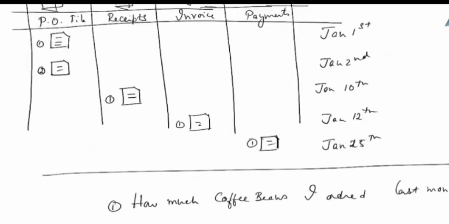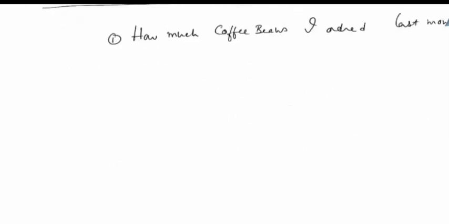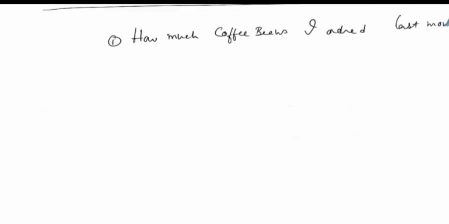All I have to do is go to this file, pick up all the purchase orders that I have sent to the vendor in the last month, and look for the coffee bean items, add them together. Right?